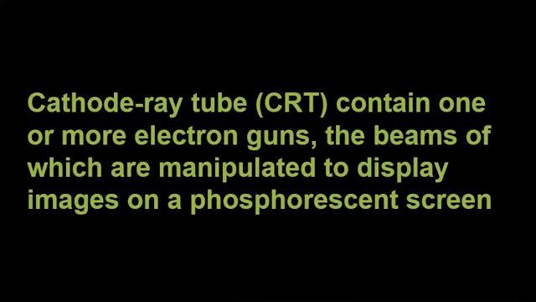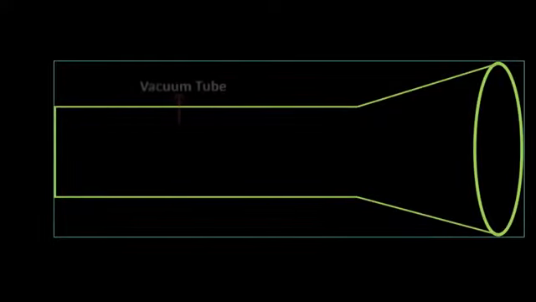The cathode ray tube device can be explained on the basis of a schematic diagram. A cathode ray tube consists of a vacuum tube. A vacuum tube is basically a device which operates at low pressure.